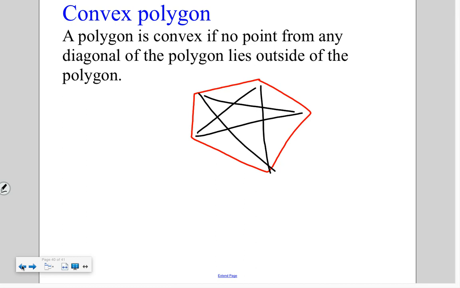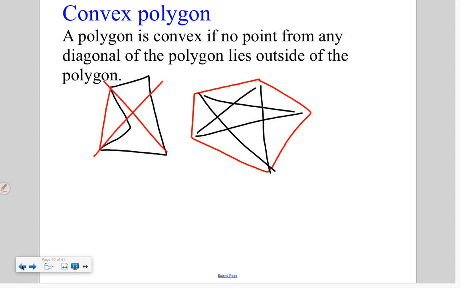Okay, they'll be inside. But if I had one that went like this, well, now I know right away there's a diagonal that is outside the polygon, right? Meaning that this is not convex, right?